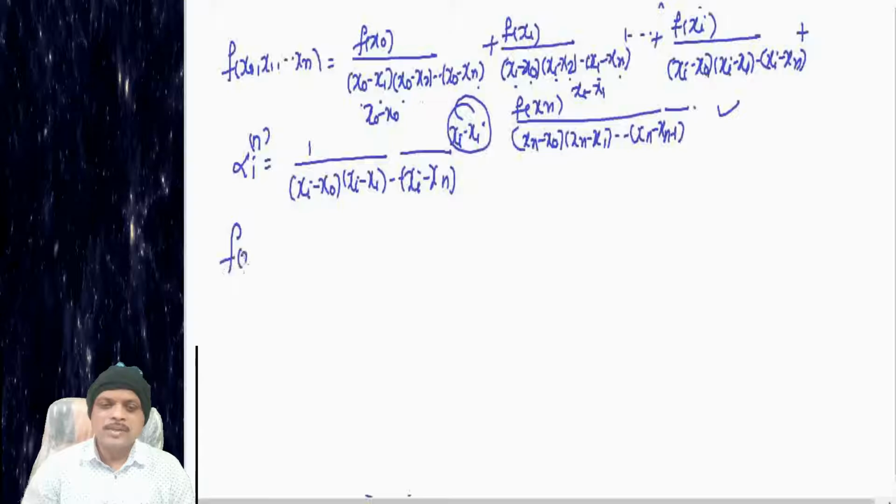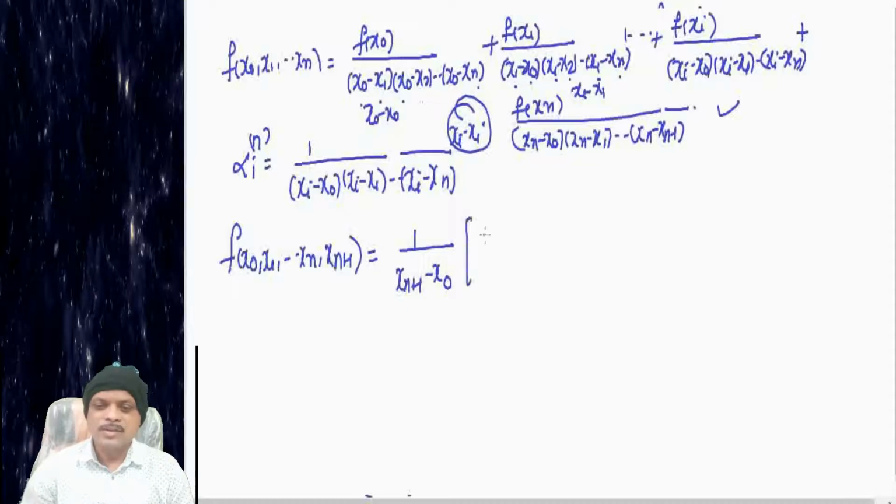Now if we consider the n plus 1 divided difference, x0, x1, up to xn plus 1, then 1 divided by xn plus 1 minus x0 times f of x0, x1, up to xn minus f of x1, x2, up to xn plus 1.